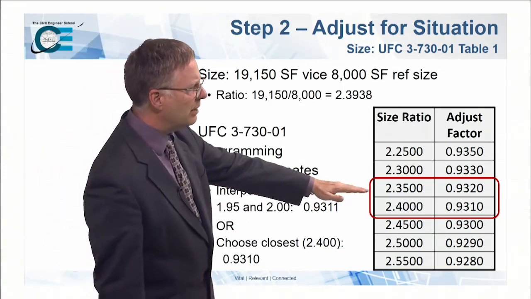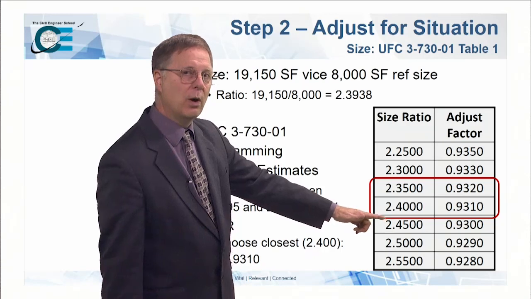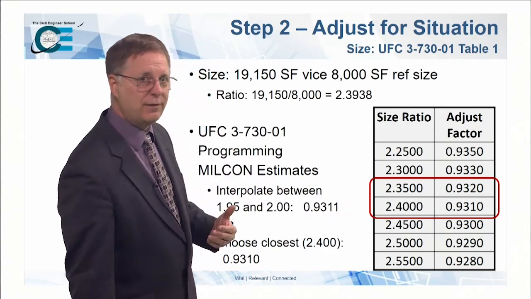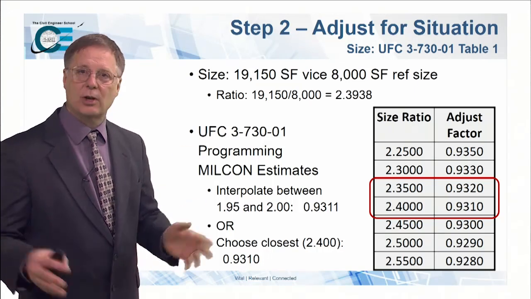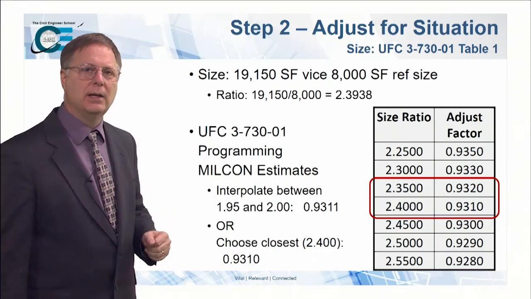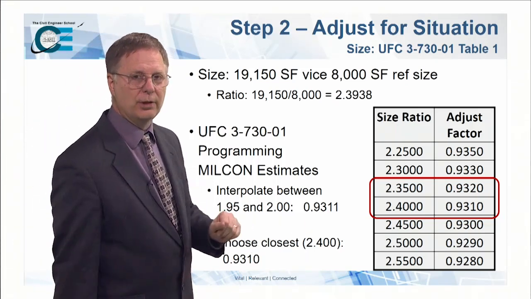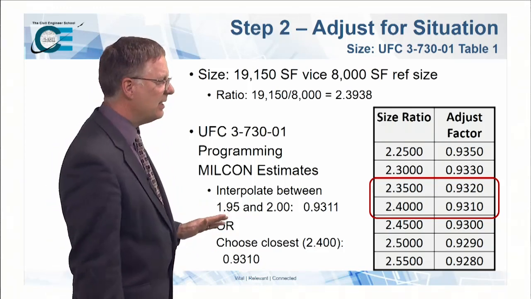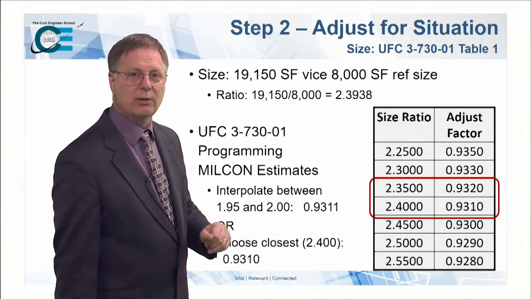So what we have here is it's in between these two figures, between 2.35 and 2.40. If you come back to the 400 course, I'm going to make you interpolate things, because you're always interpolating in cost data. You're always trying to figure out where in between the cost will be. So we take you through the goat rope of interpolation. In this case, interpolating it would be 0.9311.